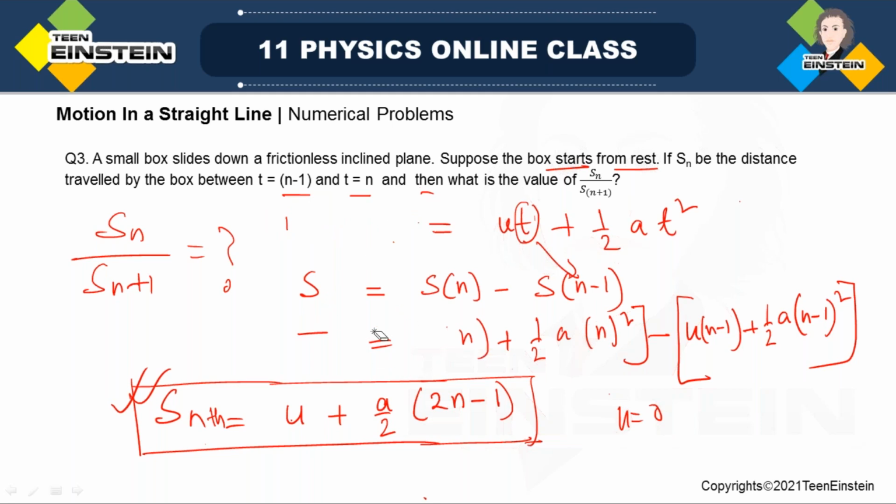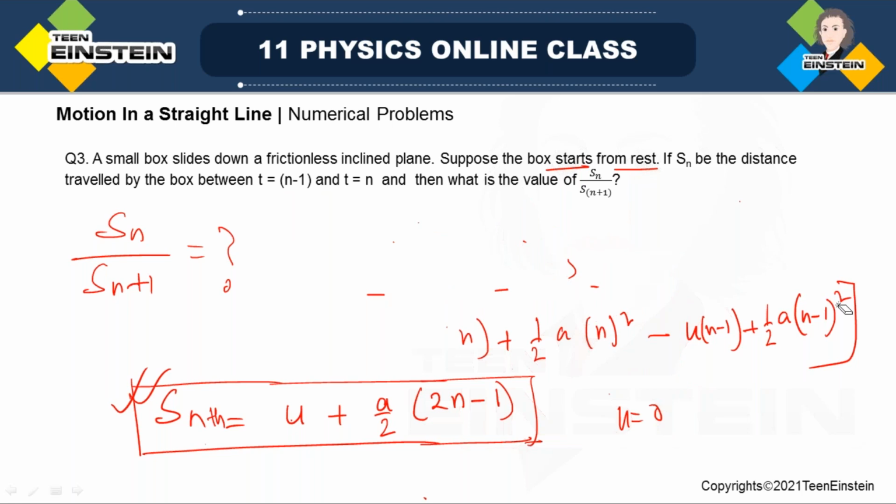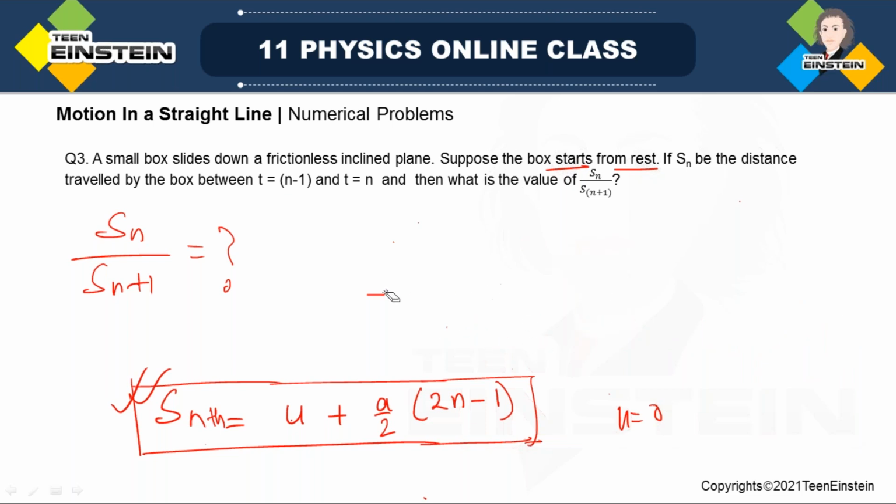Now we'll use this formula to solve this problem. The box starts from rest, that means u is 0.